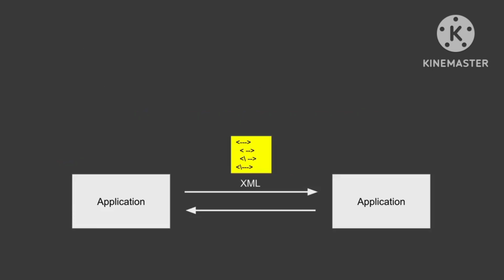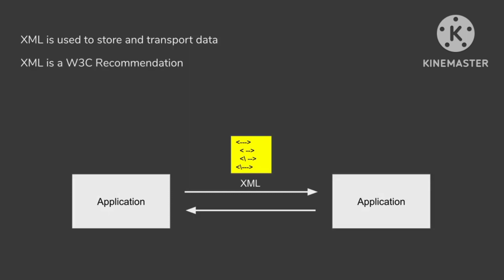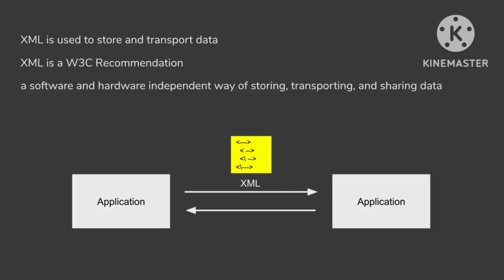XML is mainly used to transfer data between two applications, that is, client and server applications. XML is easy for storing and transporting data. It is a W3C recommendation, that is, the World Wide Web Consortium recommends XML.